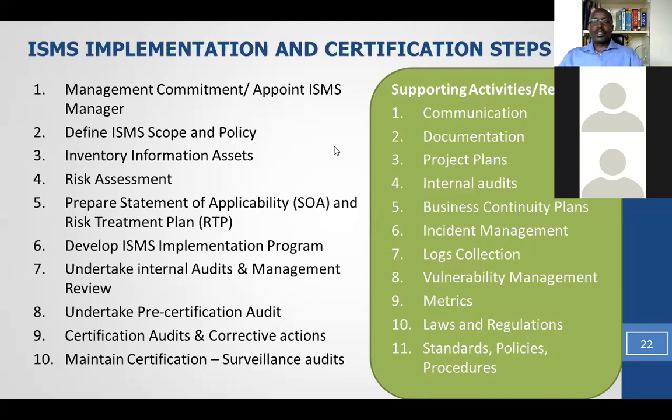From that point, out of the management review, if, for instance, there are corrective actions that need to be taken out of non-conformities that were identified in the internal audit, then you're able to ensure that those corrective actions are implemented also. And once everything is done and dusted, then you're able to call in the external auditors who will come in and do the audit.